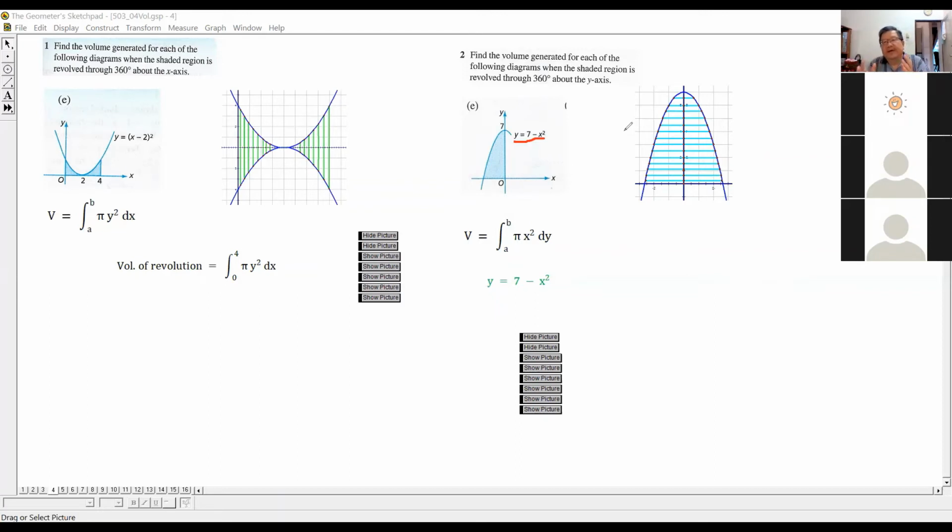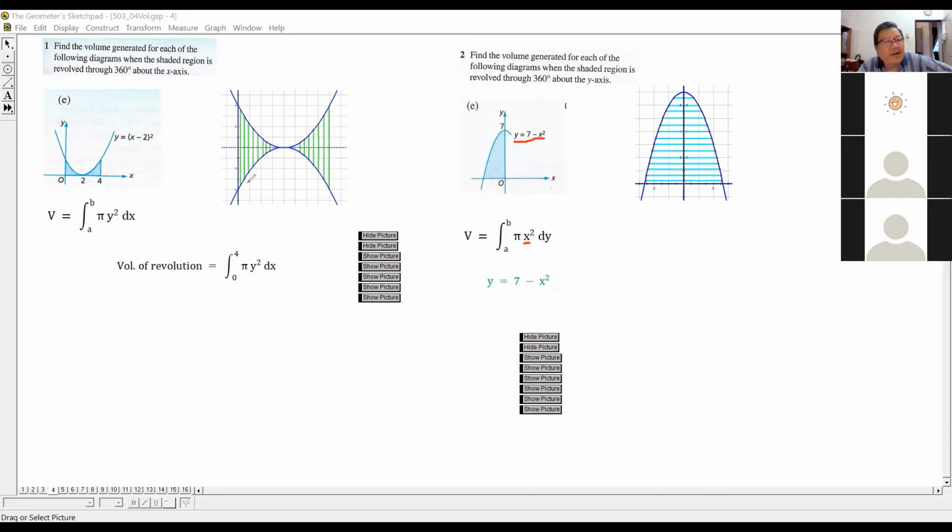Now this curve is rotated 360 degrees about the y-axis. So by right, what we want to do is integrate x squared dy. Everything we change to y. We start off with x squared, never mind, but finally the x squared we have to change to y. So we know that this is the volume between the curve and the y-axis.